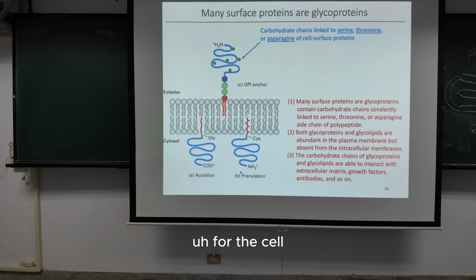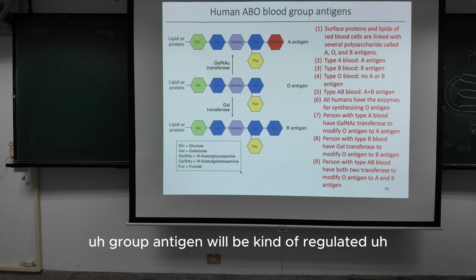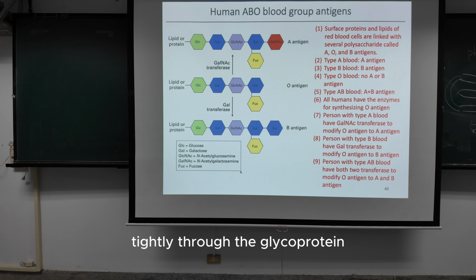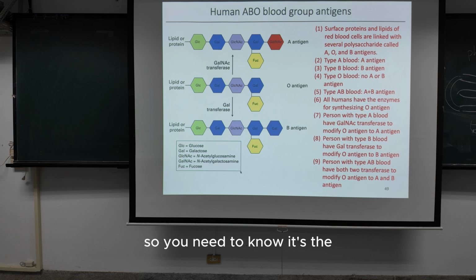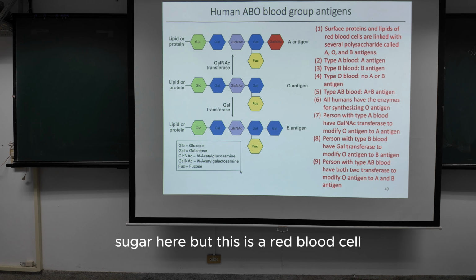Okay, for example, the human ABO blood group antigen is tightly regulated through glycoproteins. You need to know the textbook only shows several sugars here, but this is a red blood cell.